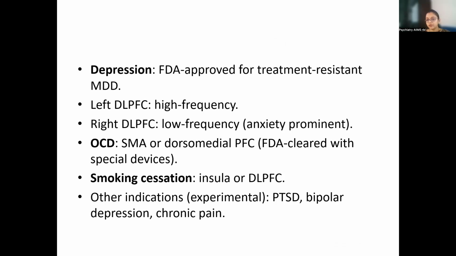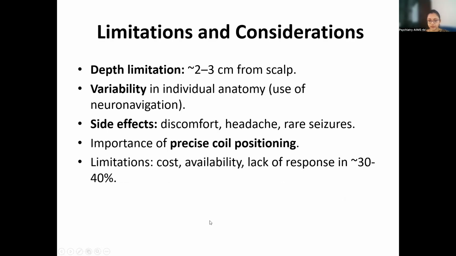So briefly, I'd like to mention that this is mostly studied in depression, and it is FDA approved for the same. And mostly we target the left DLPFC, and like I mentioned before, the right DLPFC is sometimes used for low frequency stimulation. This is also used in research for smoking cessation and other experimental areas like chronic pain and bipolar depression.